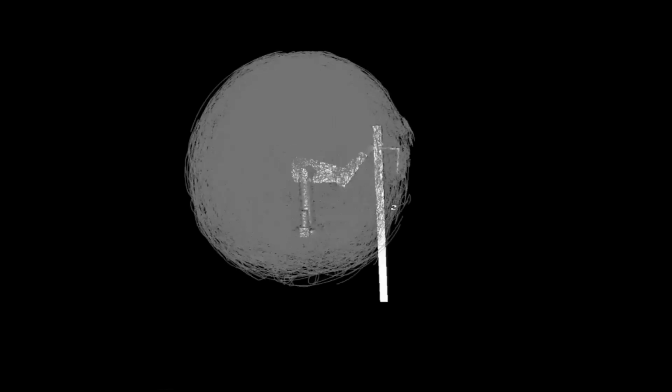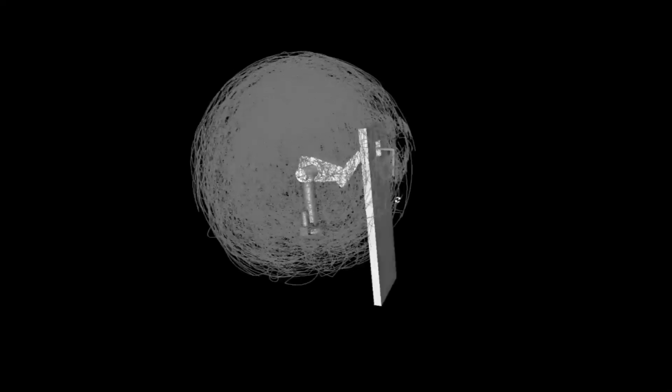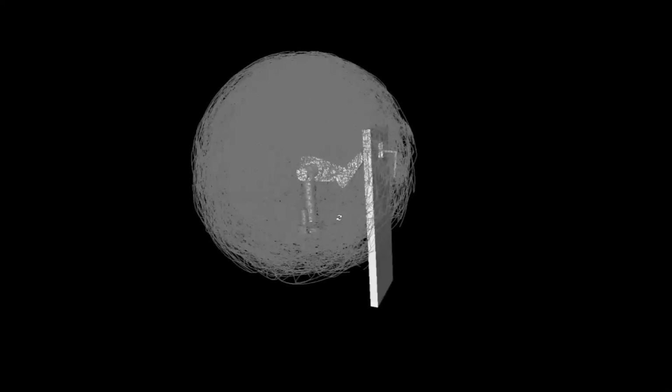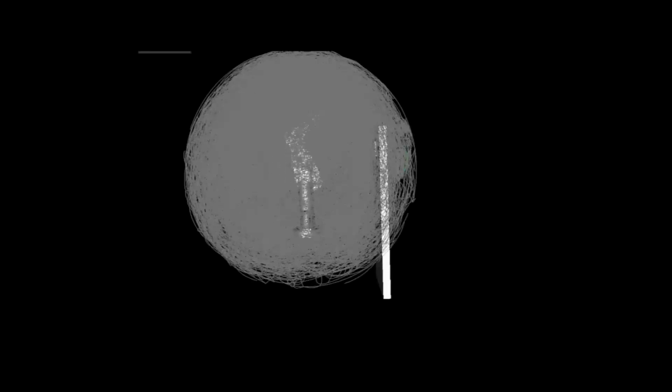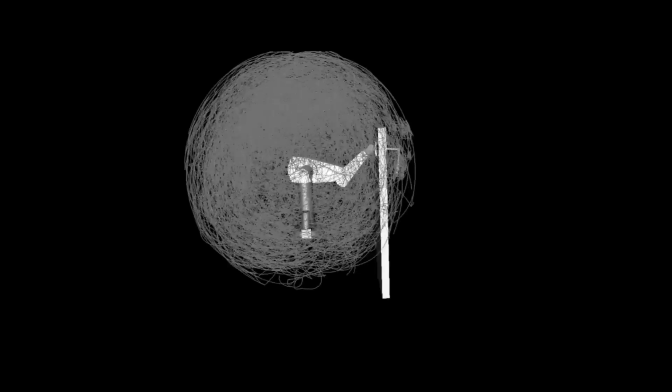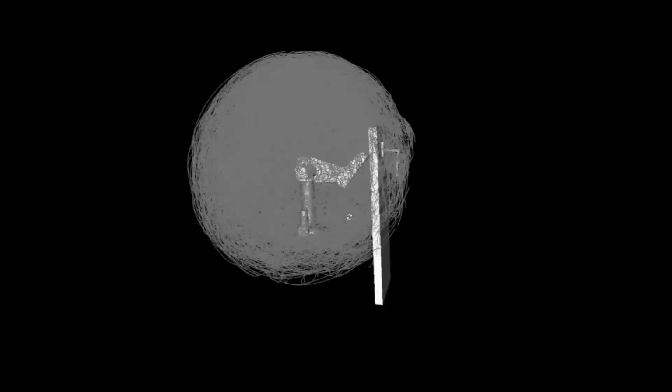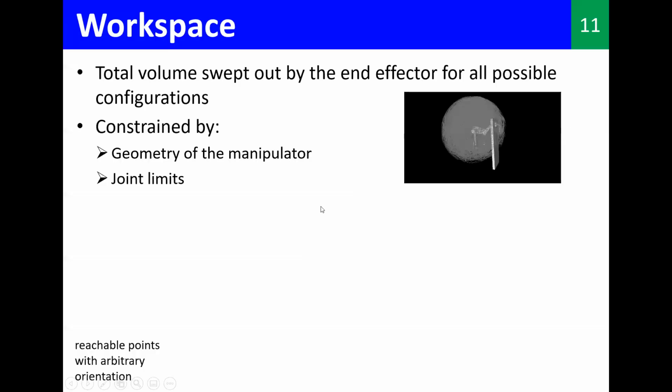If you use this manipulator for a certain application, the obvious first thing you need to do is check whether the thing you want to do is inside the workspace or not, right? Whether it is reachable or not, right? And it is constrained by the geometry of the manipulator, that is the shape of the manipulator, and the joint limits. Remember, I showed you for the elbow joint, it is maybe from 30 degrees to pi over 2. So that is the joint limit.